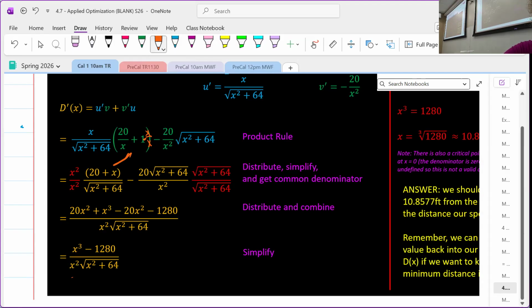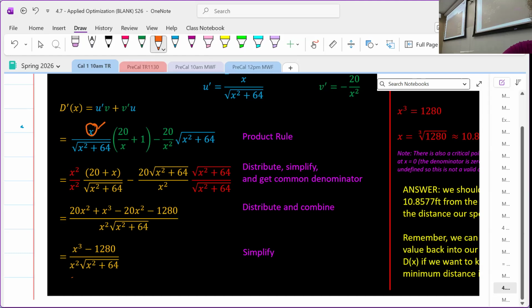And then they turned that into 20 plus x. And then it should have been over x. Oh, but there was an x on top. Okay, so I apologize. They didn't do it that way.